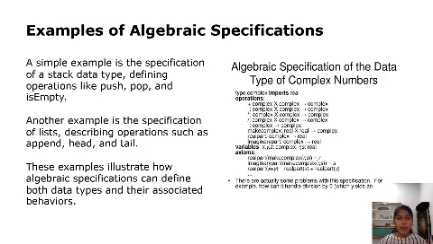Another example is a specification of a list, describing operations such as append, head, and tail, which is similar to push, pop, and empty. These examples illustrate how algebraic specification can define both data types and their associated behaviors.